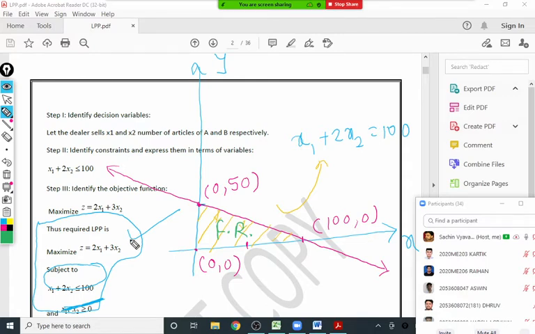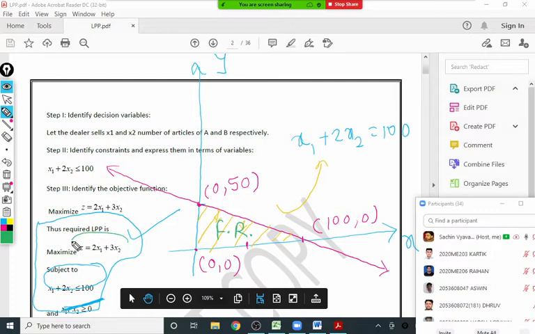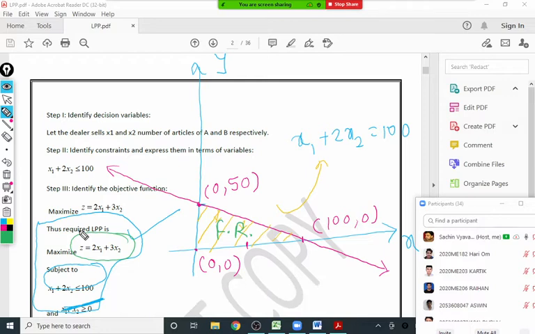That best solution has one property. Yes, does anyone know that property? Or I will say, the theorem of convex polygon. That is the name of that theorem, and it states that the optimal value, that is the maximum or minimum value, is always present at one of the corner points of that feasible region.